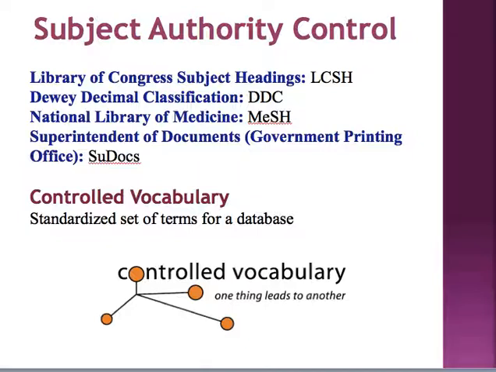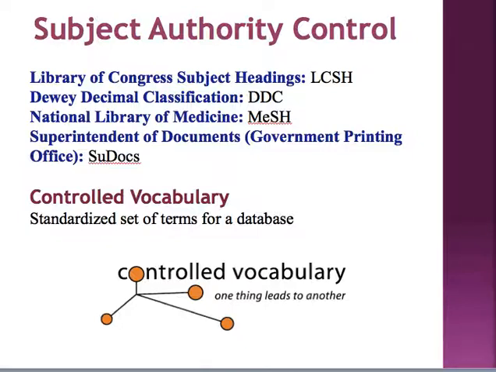You also all have heard of the Dewey Decimal System, which is used in public libraries. The National Library of Medicine also has its own standards for naming things, and these would be used for medical libraries. And government documents has their own standards. I'm not going to go any more heavily into classification because that's really for an information organization class, but I did want you to have a sense about how things are located and where these rules come from.